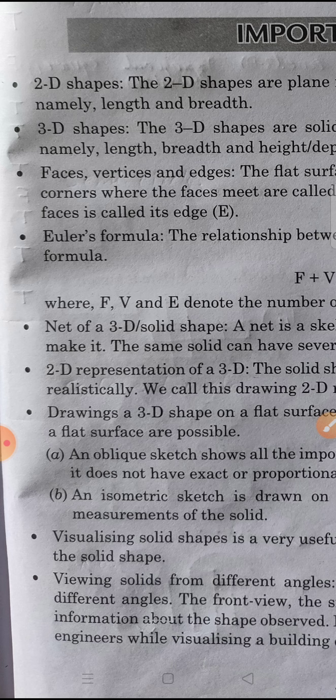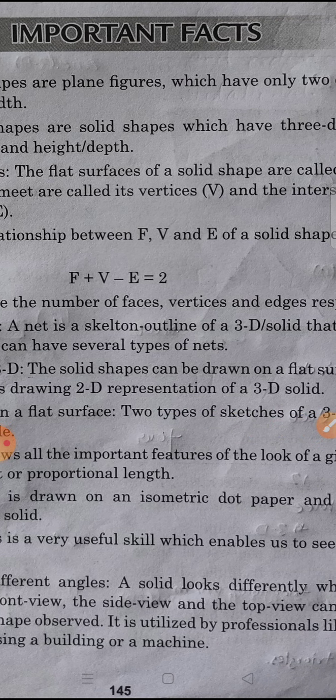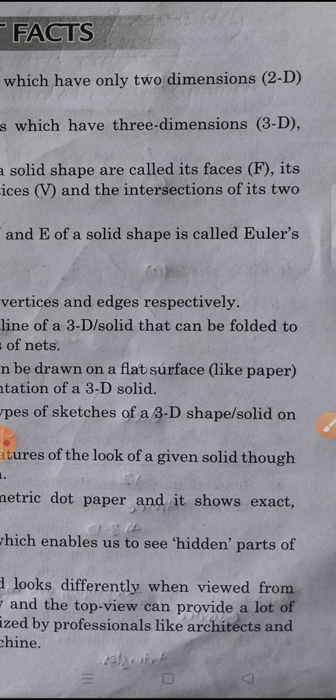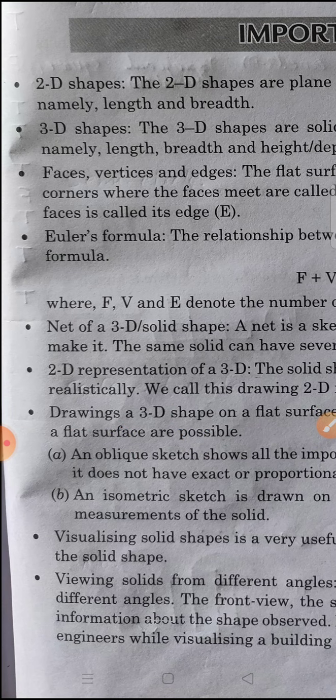But when we look at the solid shape, we can see all the parts or hidden parts of the 3D shape. Viewing a solid from different angles: a solid looks different when viewed from different angles.